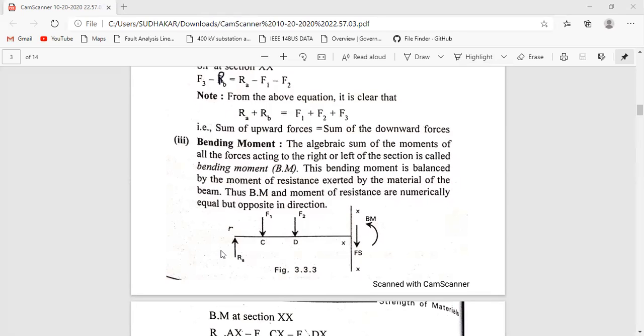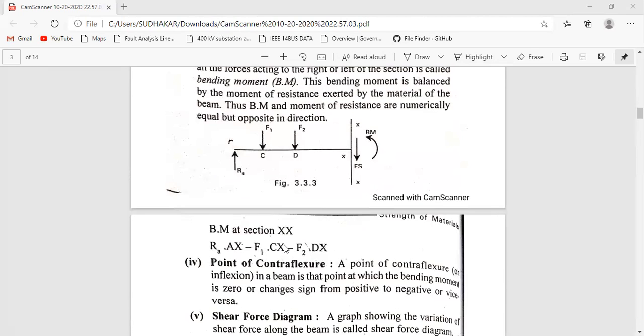Suppose we need to calculate the individual bending moments due to RA, F1 or F2. Due to RA, we have a bending moment of RA multiplied by AX. This is the point A. Due to F1 it is multiplied by CX, and F2 is multiplied by DX.